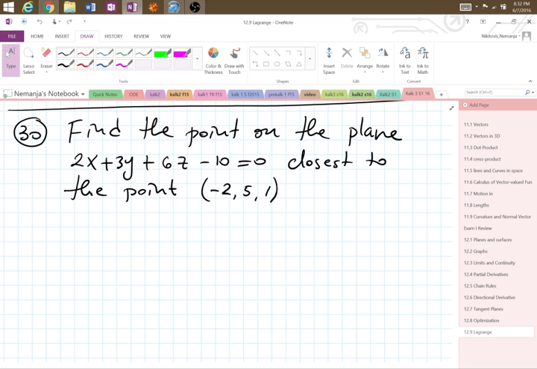Hold on from calculations. Let's talk. Do we understand the problem at all? You are trying to find the coordinates of the point. Okay, fine. What are we either maximizing or minimizing here?